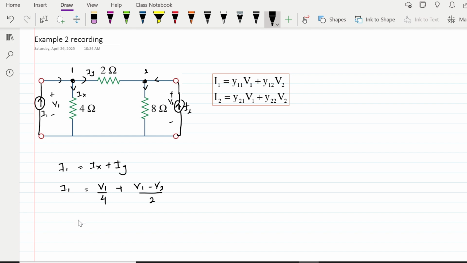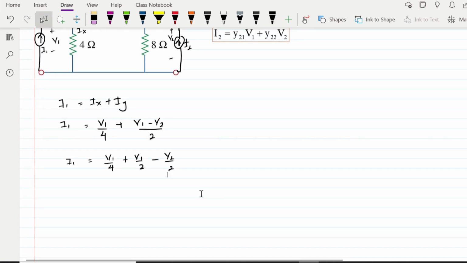So I1 equals V1 over 4 plus V1 over 2 minus V2 over 2. These can be combined, V1 over 4 and V1 over 2, so I have 3 over 4 V1 minus V2 over 2 is I1.